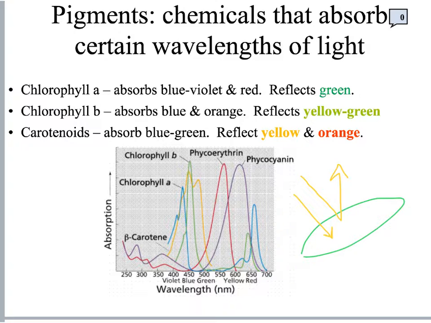The reflected light gives the plant its color. So when we see green plants, it's because the light has actually bounced off of them. Here's our green right here. The plant is actually not taking that green in. Instead, it's bouncing off of the leaf and away from it. So we are reflecting green.